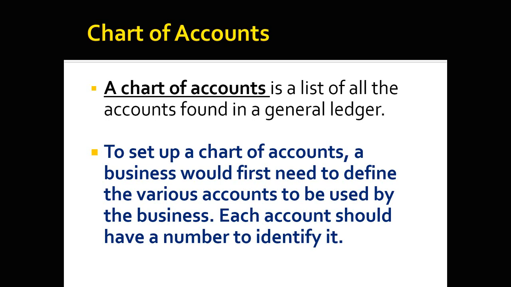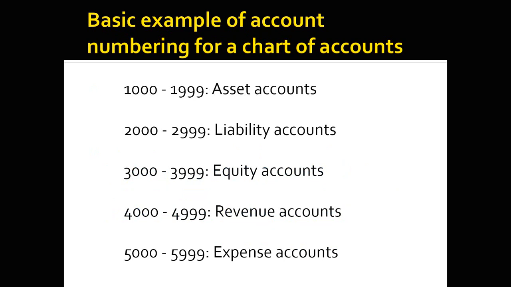So the next slide is just a simple analysis of a chart of accounts. So here's just a basic example. You could have asset accounts, for example, from 1,000 to 1,999. So less than 2,000 will be asset accounts. The next category would be the next element. You could have account numbers from 2,000 to 2,999.